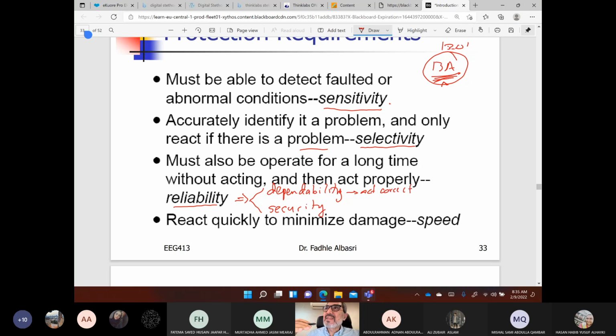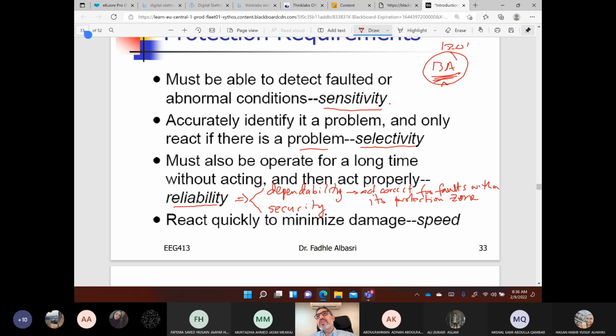It is the degree of certainty that the relay will act correctly when it's supposed to act correctly. So always act correctly for faults within its protection zone.